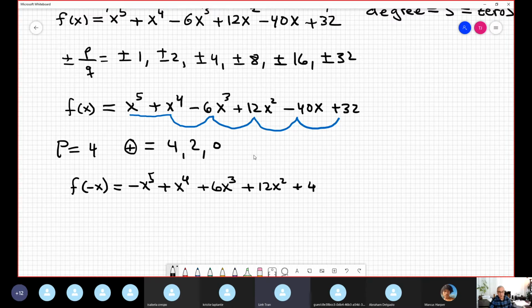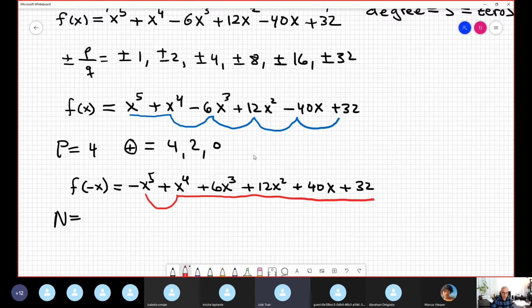And this changes. And this stays. Entonces, I need to find the number of negative zeros. Aquí we change one sign. Wow, N is 1. O sea, in the worst scenario, we have only one negative real.